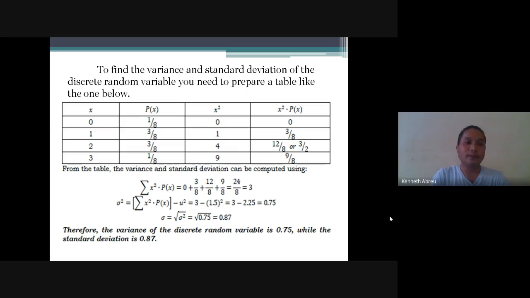So, therefore, yung interpretation natin ng ating given problem, the variance of the discrete random variable is 0.75, while the standard deviation is 0.87. So, that would be the mean is 1.5, the variance is 0.75, and then the standard deviation is 0.87.